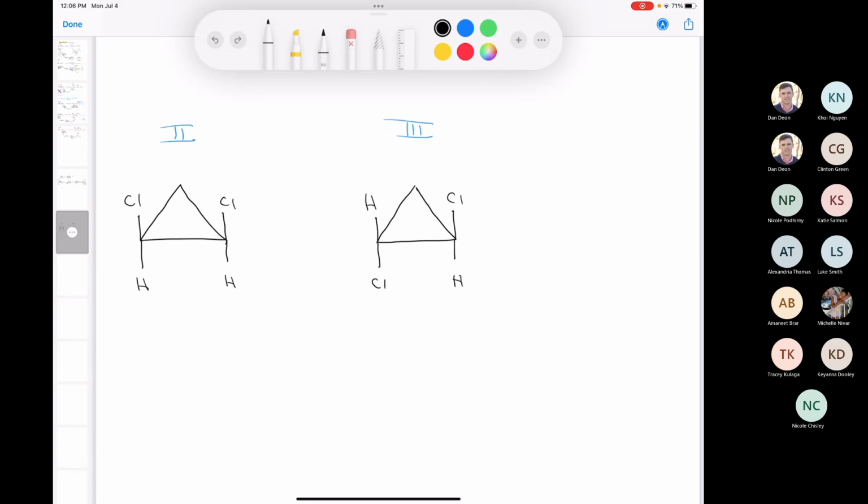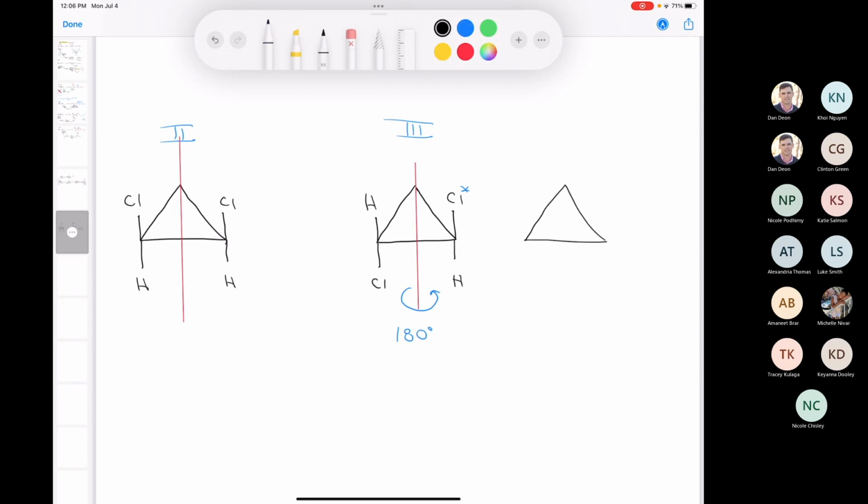All right, so we can see that there is a plane of symmetry. If I take a ruler and draw a line through this compound with my red pen, you can see that there is a plane of symmetry. But if you do the same thing here, there is no plane of symmetry in number 3. However, if you were to rotate around this axis 180 degrees, and I'll put a star on this chlorine, you would end up with something that looks like this.